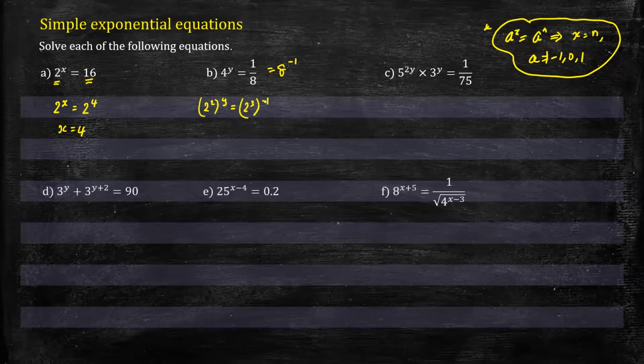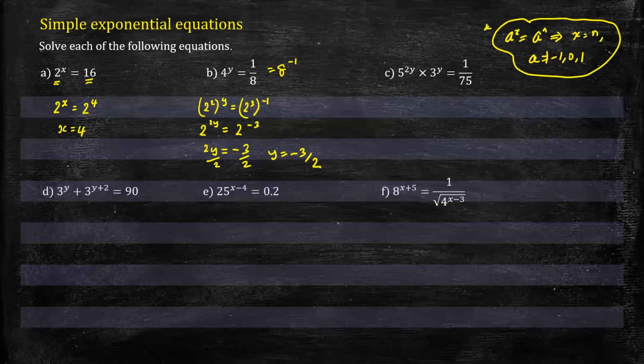And now we've got 2 to the power 2y equals 2 to the power -3. So now we have equal bases. Therefore, 2y must be equal to -3. And now we can solve for y by dividing by 2 both sides. So y will be equal to -3 on 2.